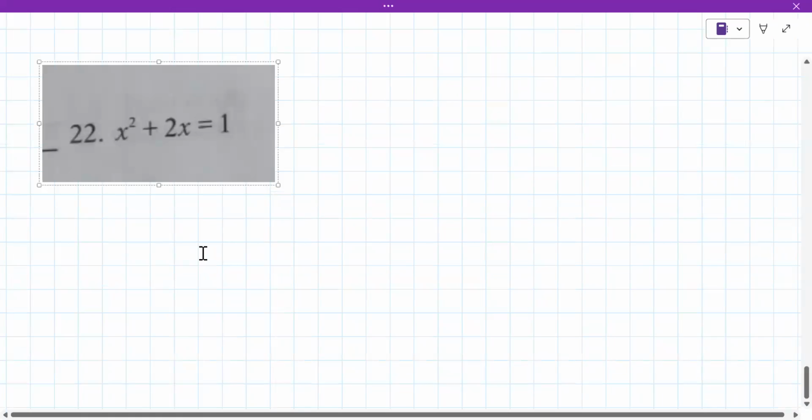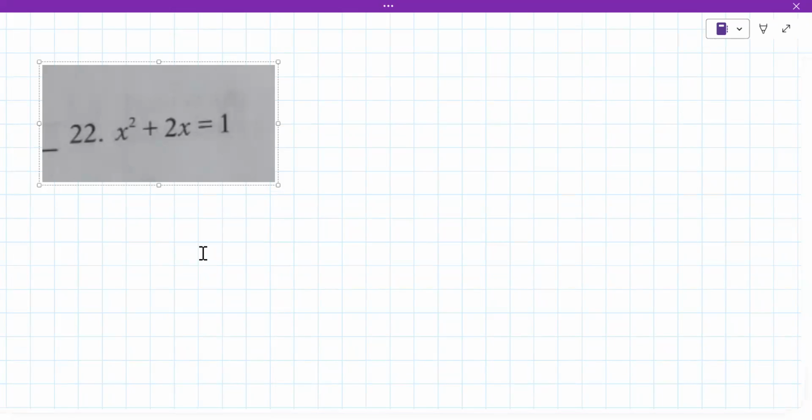All right, 22 here. So this one is a little bit different than the others. Have we done any of what's called completing the square? Thinking about it, maybe we have. Well, I don't want to do it if you guys haven't.